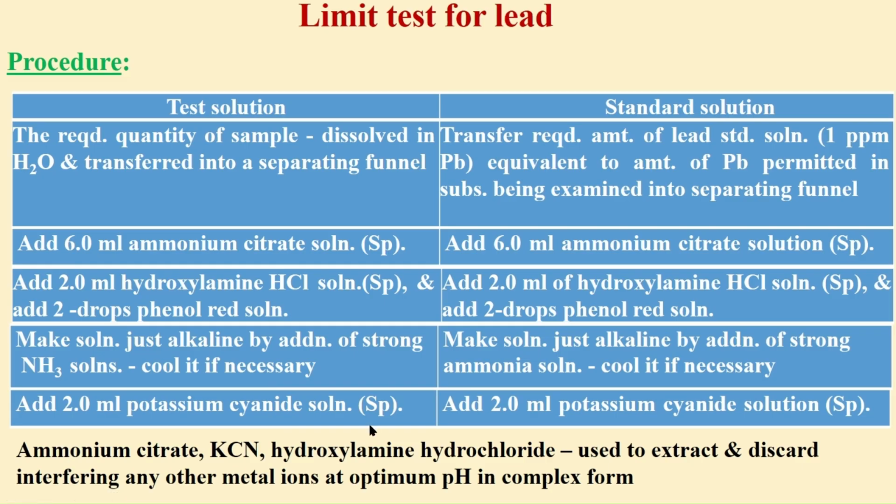They combine with metals other than the lead and form complexes. As they have formed complexes, those complexes do not get extracted into the dithizone preparation, the reagent which we use for the limit test for lead.